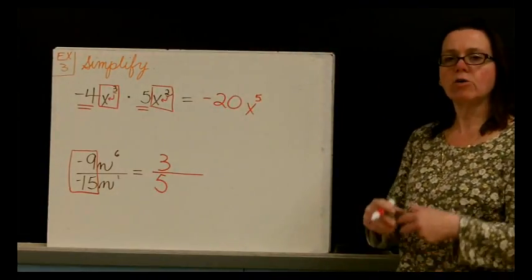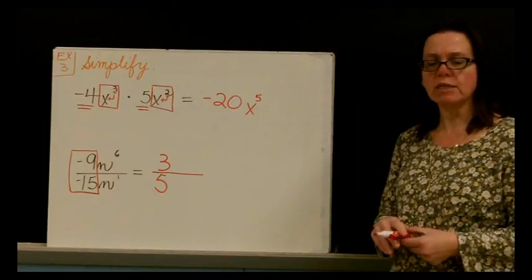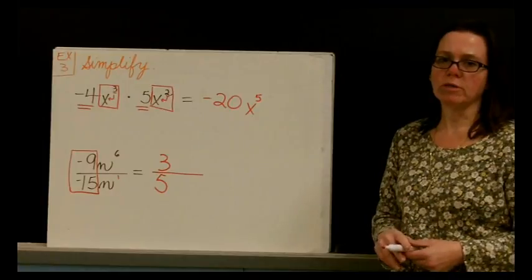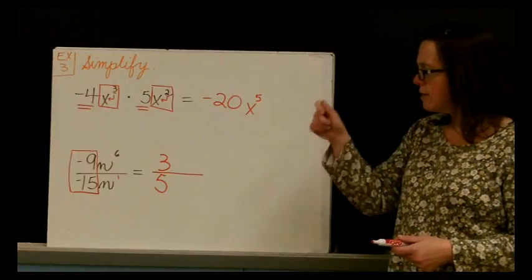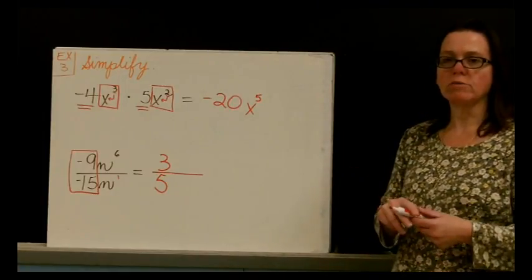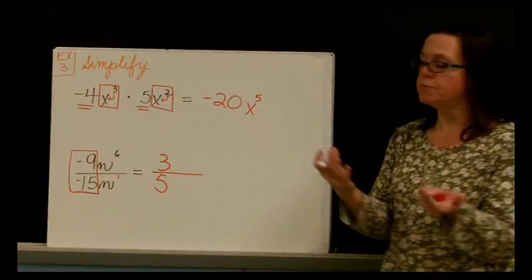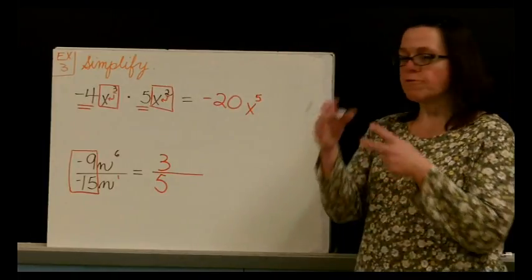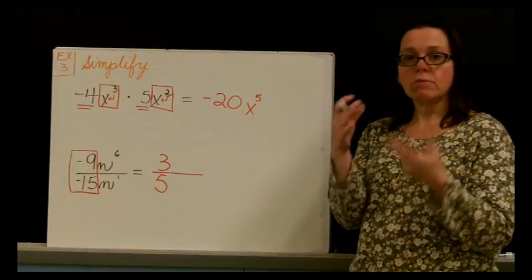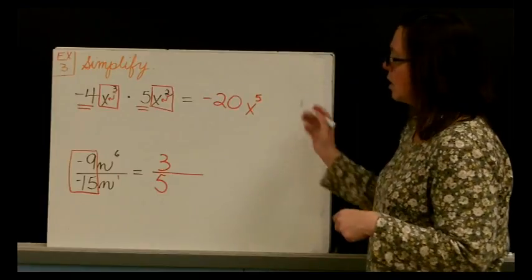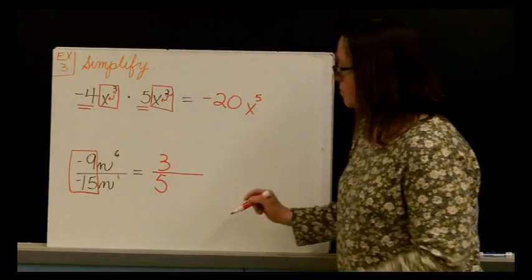Even though it's assumed, it's understood that it's there, when we are using those exponents, it's good to remind us that it's there. Sometimes students will see that there's nothing there and treat it as if it's a 0. Just like when you have 1x, it's good to write in the 1 instead of just leaving it as an x.